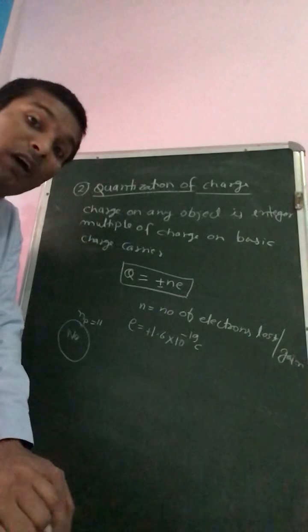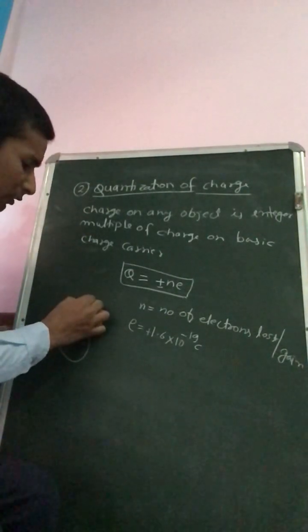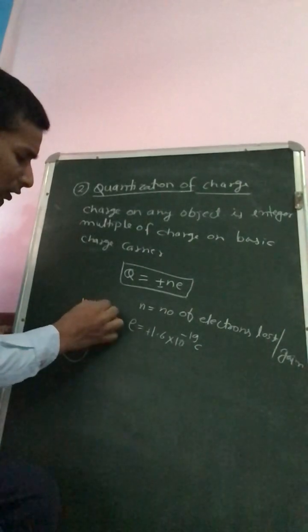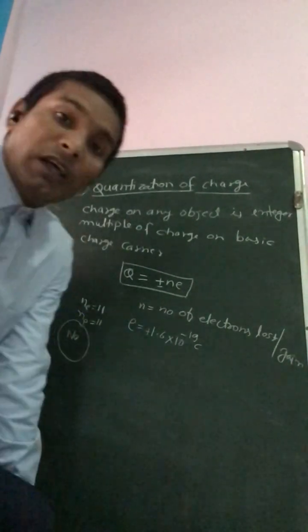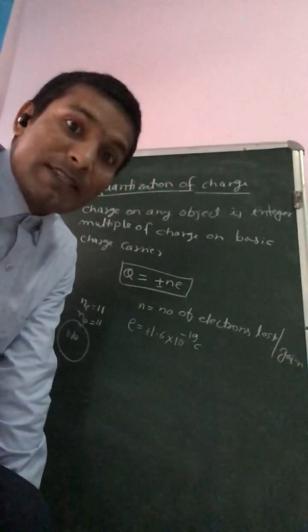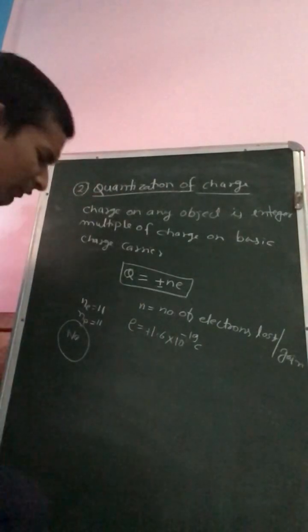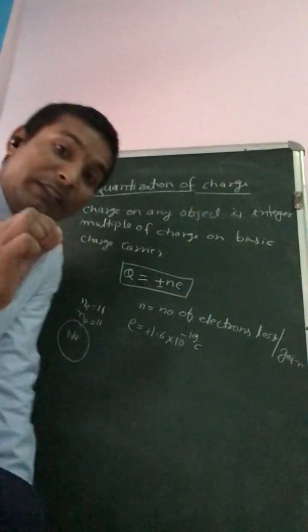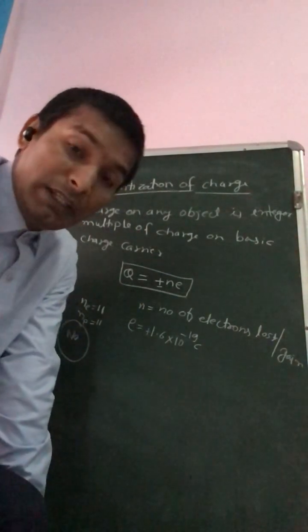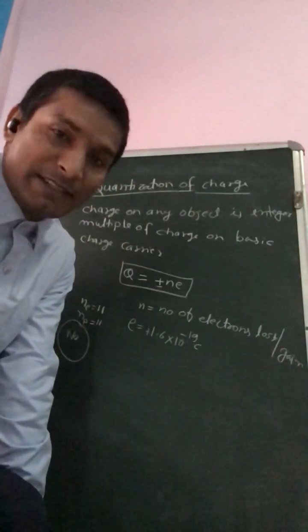And we already know that sodium has 11 electrons, because an element has the same number of electrons and protons in its elemental state, right? These are the only basic particles which carry charge.